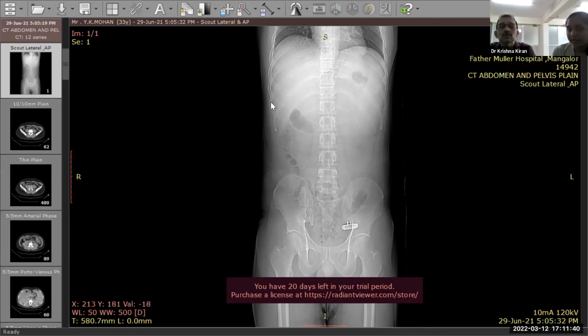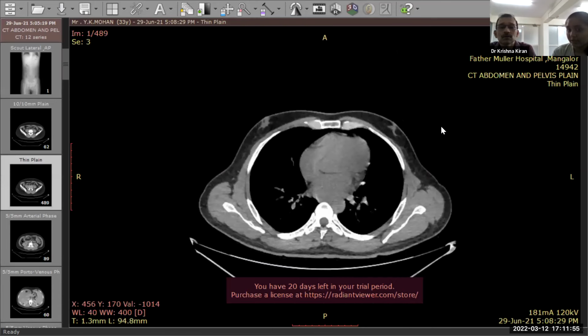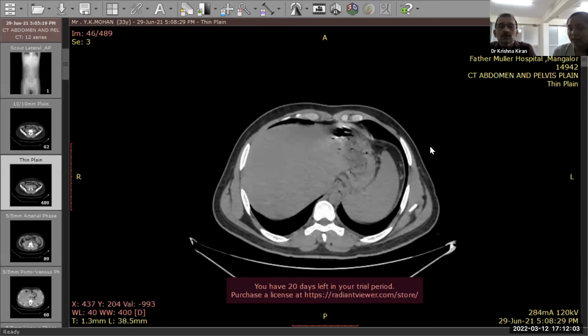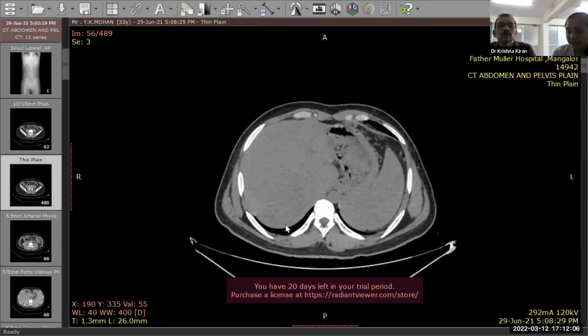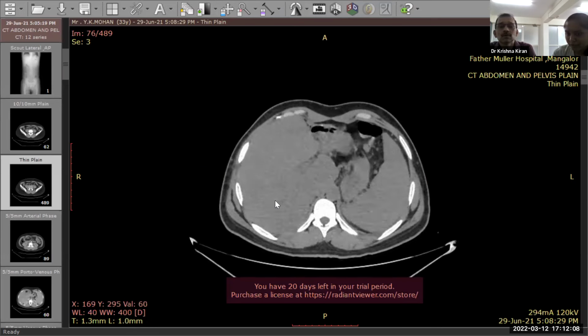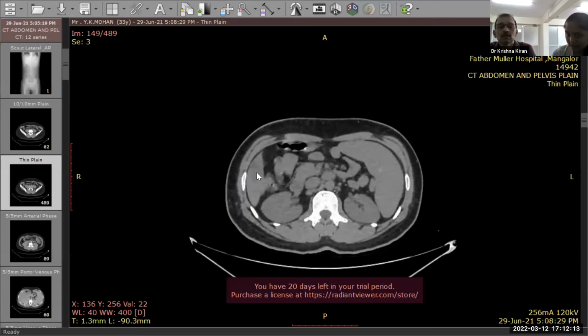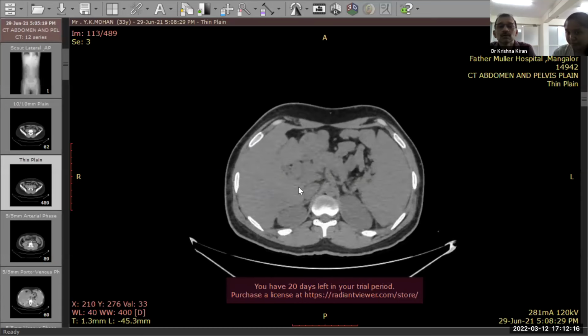So here you can see this is the scout image, and the scout image is unremarkable. There are no abnormally dilated bowel loops, and there are no calcifications. Next, scrolling through the thin axial plane sections of abdomen and pelvis. So here we can see that there are a few hypodensities which are seen in both lobes of the liver.